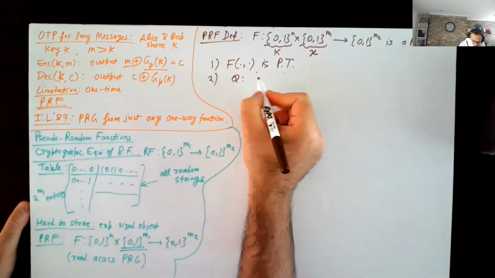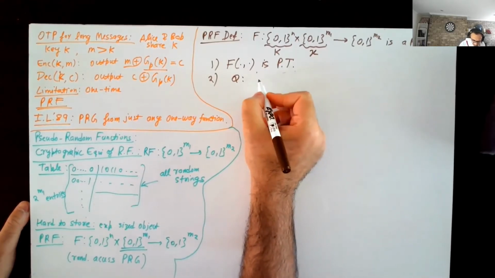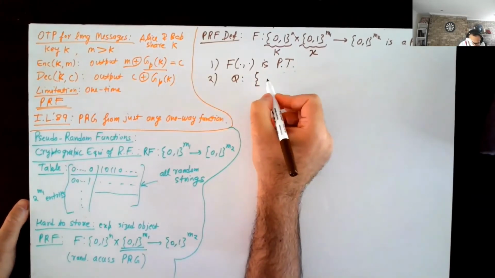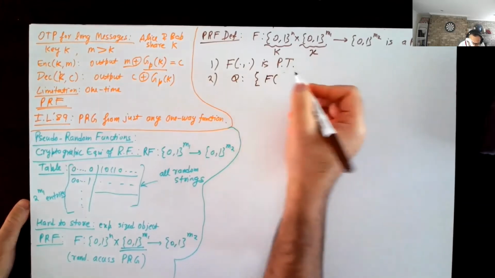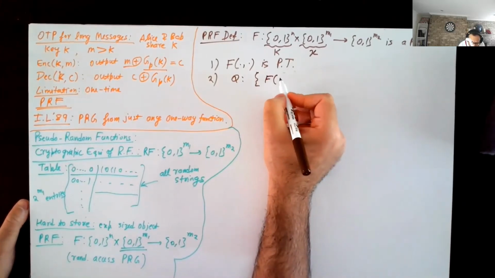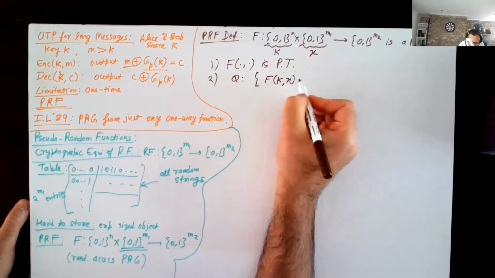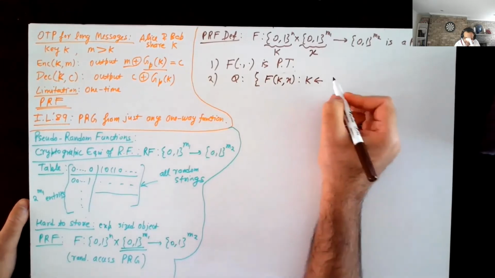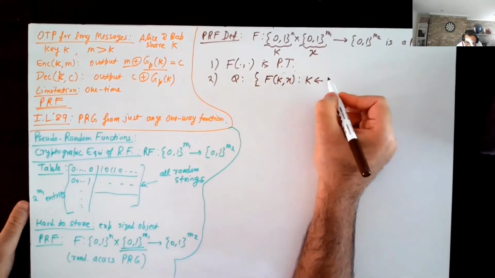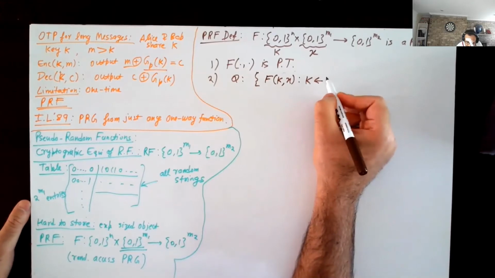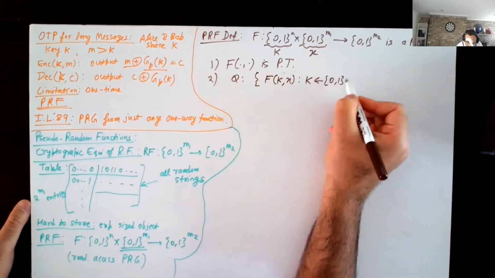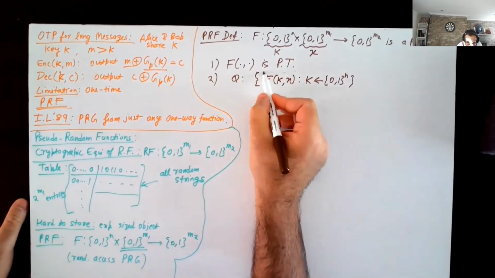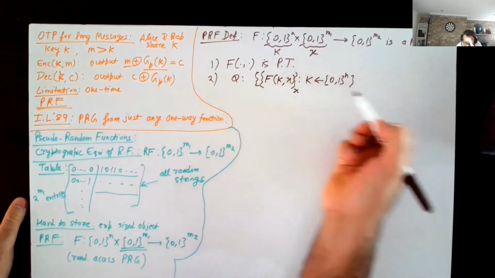Okay. So consider the following. Distribution f of k comma x, where k is sampled at uniform, and this is for every x.